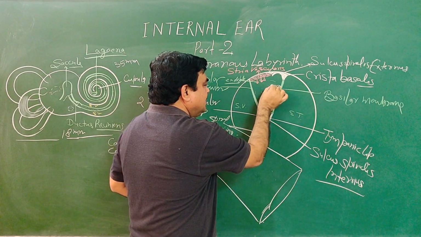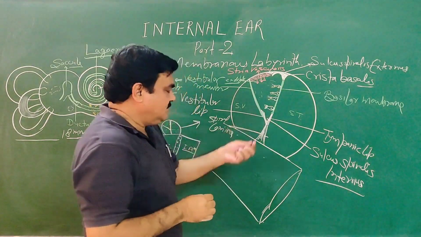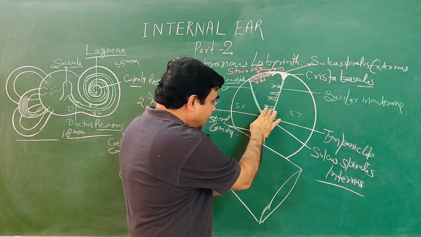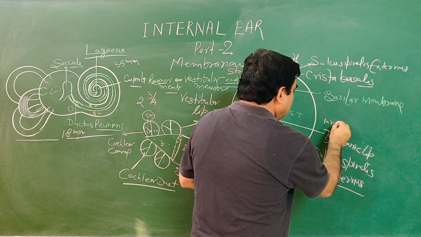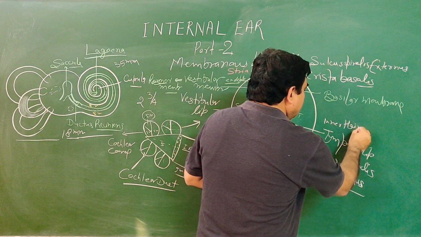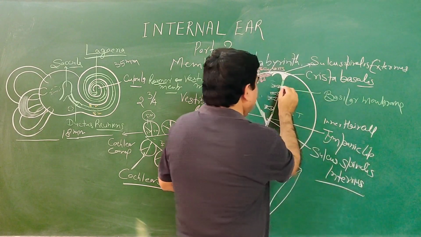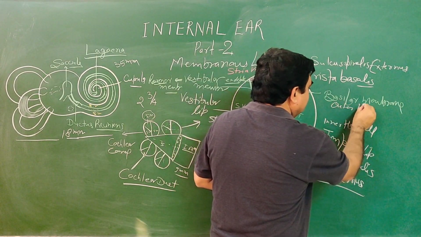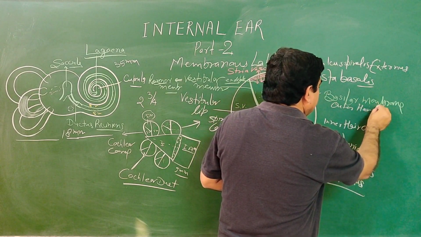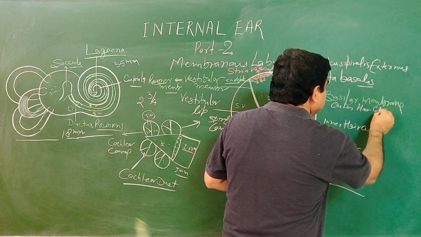These are the outer hair cells. So this is the inner hair cell, and these are the stereocilia. There is one row of inner hair cells, and there are three rows of the outer hair cells.